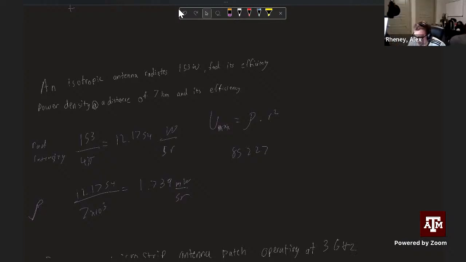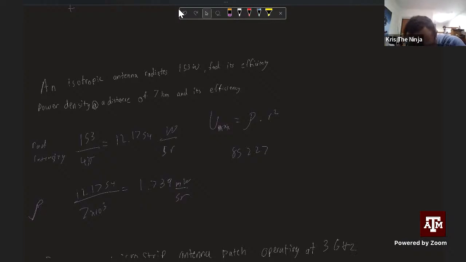U max divided by U ISO is the directivity. But I'm converting it for gain. For gain, that's divided by Pn, right? I'm not sure. Looking at the part that says gain, oh, antenna efficiency, P rad over Pn. So that's how you find efficiency.